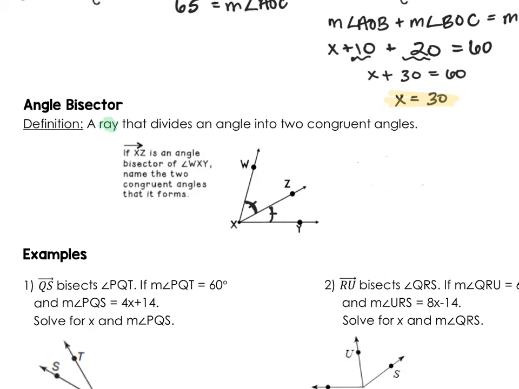Okay, so let's name our two congruent angles here. Let's write our angle statement. My top angle is called angle WXZ. So I know the measure of angle WXZ is equal to, my second angle is this guy down here, angle ZXY.